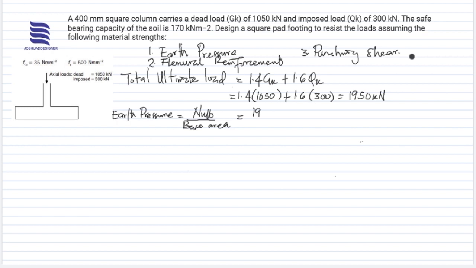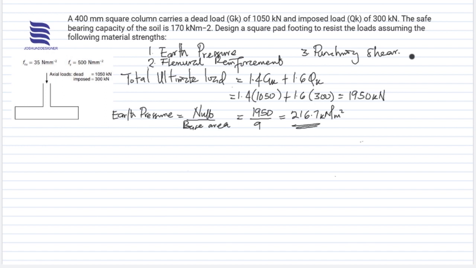So we have 1950 divided by 9 meter square. All right, so our value should be 216.7 kilonewton per meter square. All right, so this exactly is the earth pressure, and that's what we'll be applying all through our project.